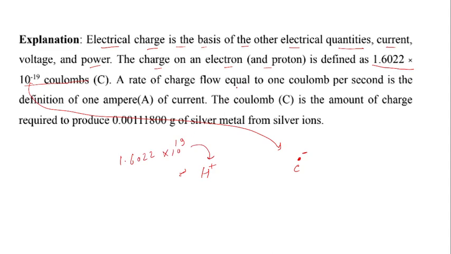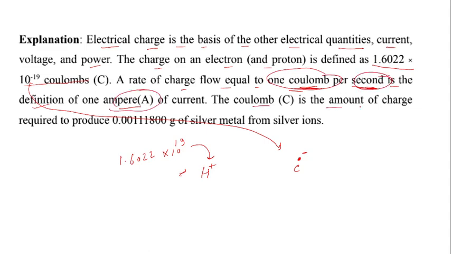The rate of flow of charge equal to 1 coulomb per second is the definition of 1 ampere. In 1 second you are providing 1 coulomb, so in your circuit 1 coulomb of charge is passing in 1 second only. It is known as an ampere.